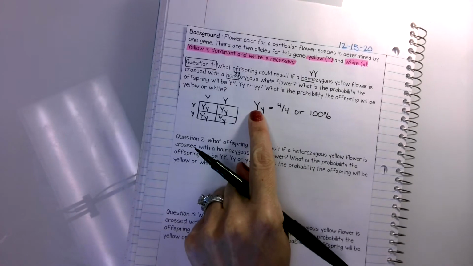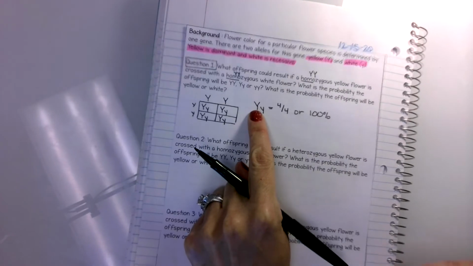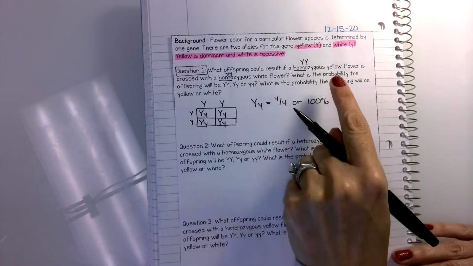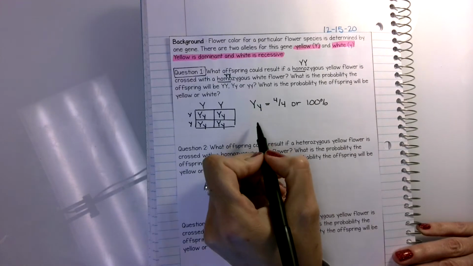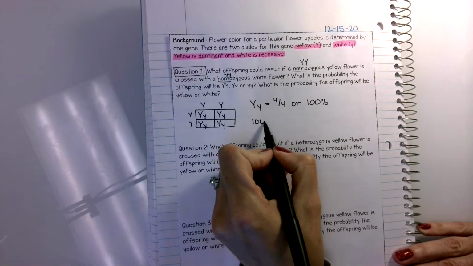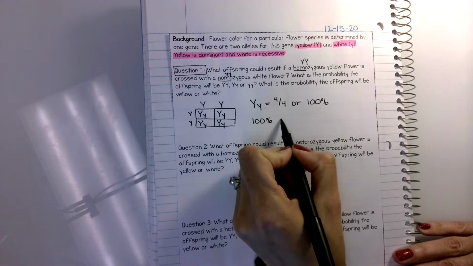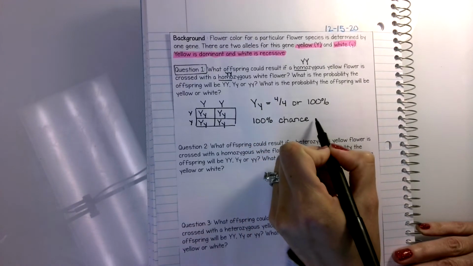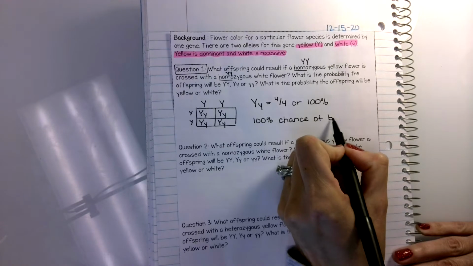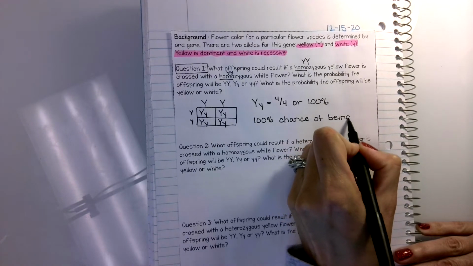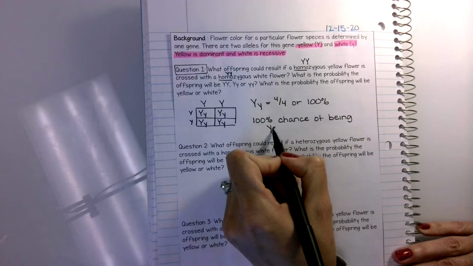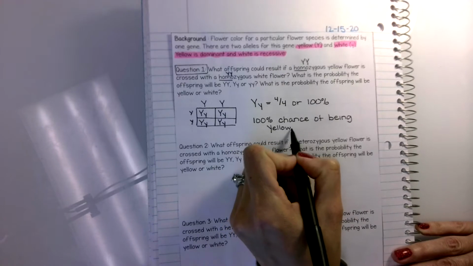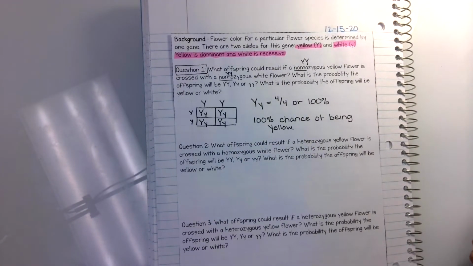Because remember, if a dominant one is present, it takes over everything. So the dominant one is yellow. So it has 100% chance of being yellow. Okay, do you guys see how that works?